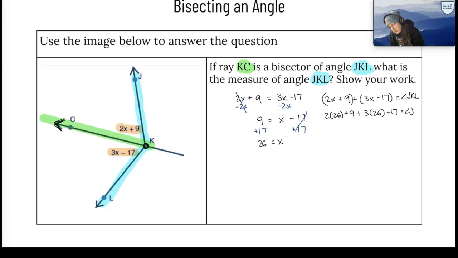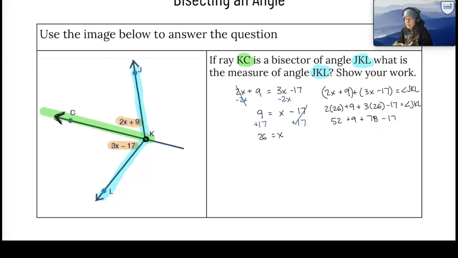Equals angle JKL. So 2 times 26 is 52, plus 9, plus 3 times 26, which is 78, minus 17.